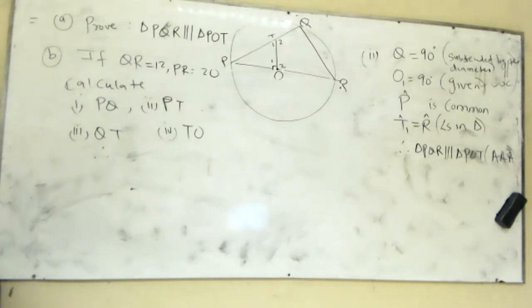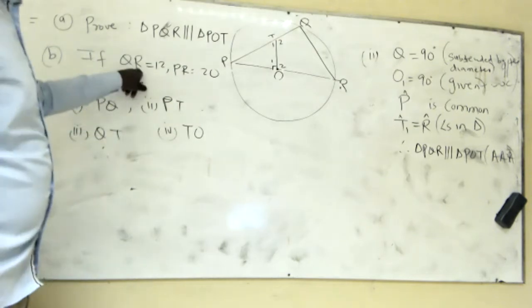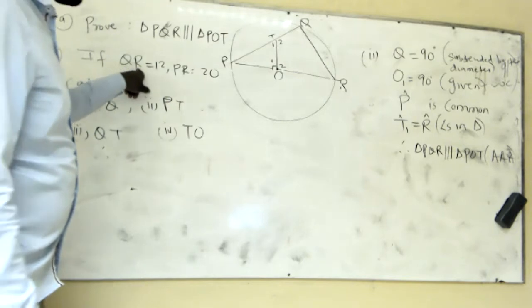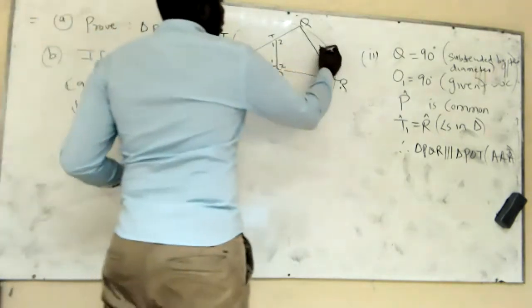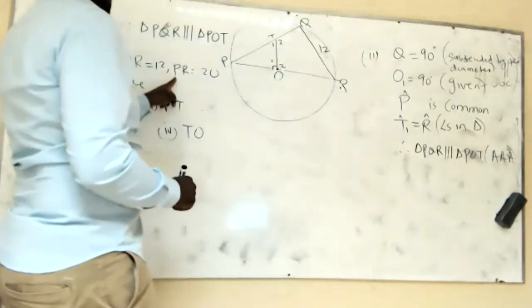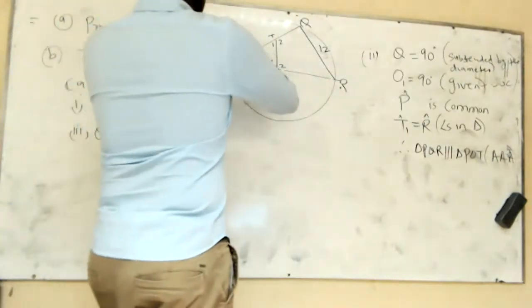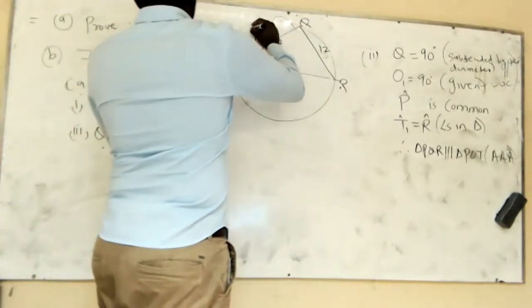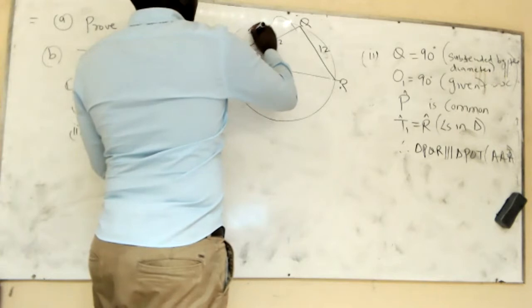Yes. Okay, let's go to question number B, which talks about the calculation of PQ, PT, QT, and TO. So we're given that QR is equal to 12. This distance here is 12 units, and PR, this distance here, is equal to 20.